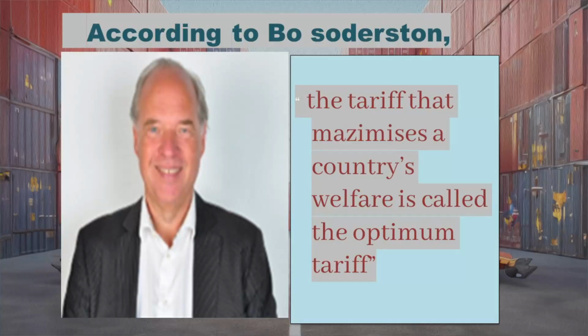So when the country reaches the optimum tariff point, there will be no increase in benefits after this point. When a country attains optimum tariff, we can say that maximum economic welfare has been attained. According to the economist Bhagwati, the tariff that maximizes a country's welfare is called the optimum tariff.